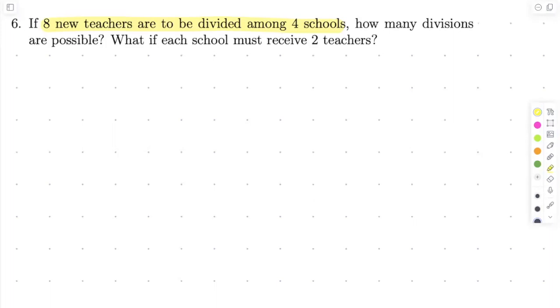How many such divisions are there? This is the first question. The second question is, if each school must receive two teachers, what may be the situation here? These are the two questions we need to answer.